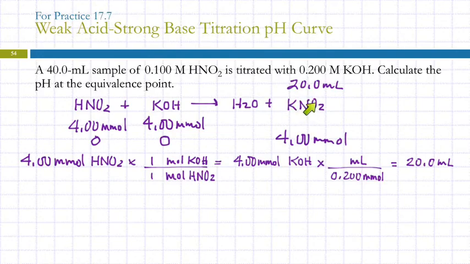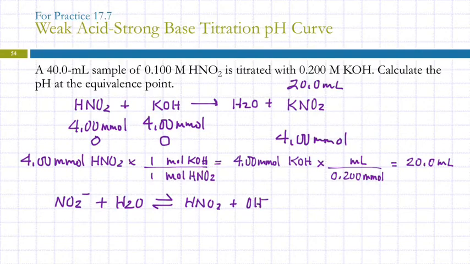This nitrite ion is the conjugate base of a weak acid. So we have to look at Kb for this thing. We've got NO2 minus plus water. So let's switch back to concentrations now.